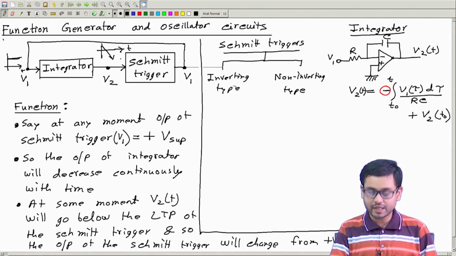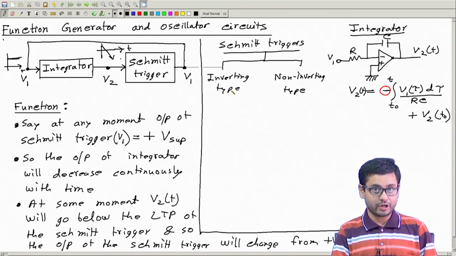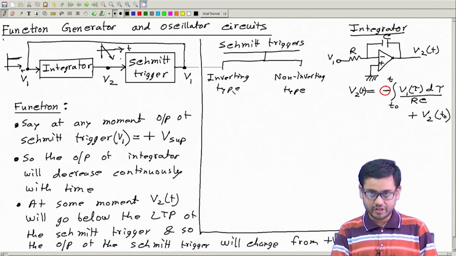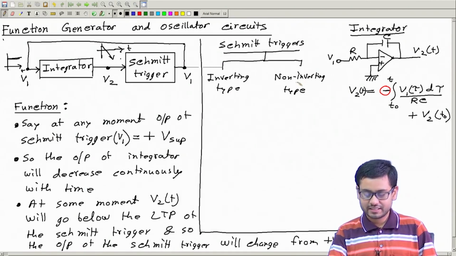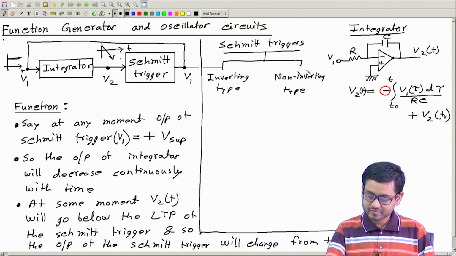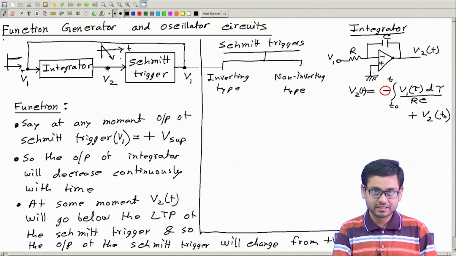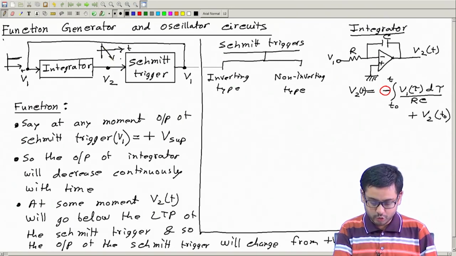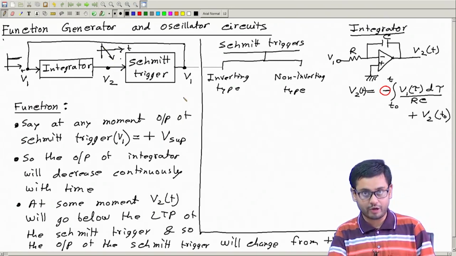Okay. What is an inverting type Smith trigger? It is a Smith trigger whose output goes up if input decreases below some value. Okay, opposite. And what is this? In this case, output goes up if the input also goes up and above the upper trigger point. So in this scheme, we have assumed if the input goes down, the output should also go down.